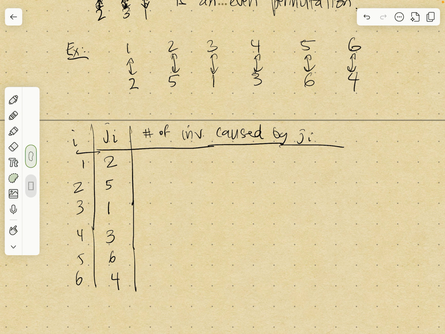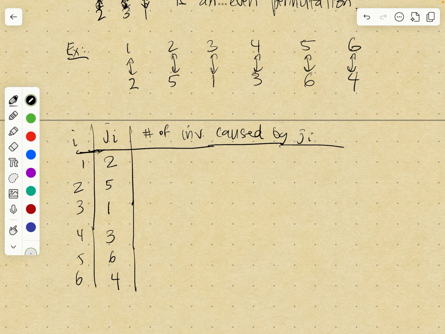So for j sub 1, which is 2, what's the number of inversions that we have that's caused by the 2? Well, there's 5 numbers after it, but of those 5, how many come before it? Well, there's 1, right? So the number of inversions caused by j sub 1 is 1.